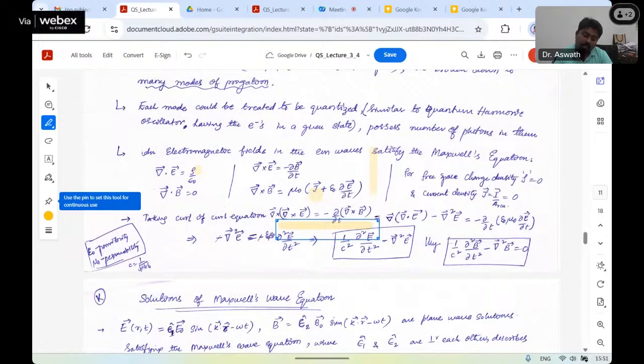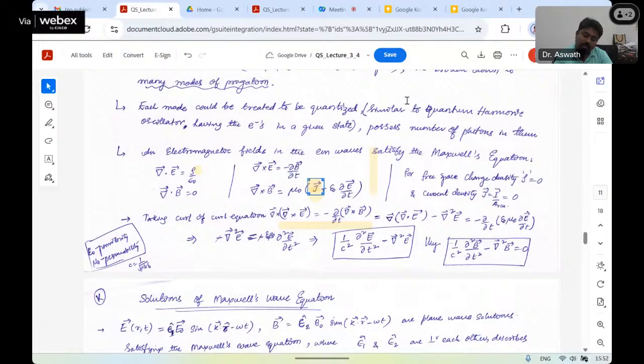The curl of curl E is equal to gradient of divergence of E minus the Laplacian of E, which equals minus dou by dou t of curl of B. Let's say I don't have charge density or current density. Substitute rho equal to 0, J equal to 0. I get this equation. Now the gradient of divergence of E is 0, so this first term will not contribute, only the second term would contribute.